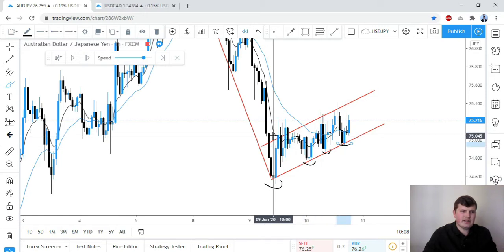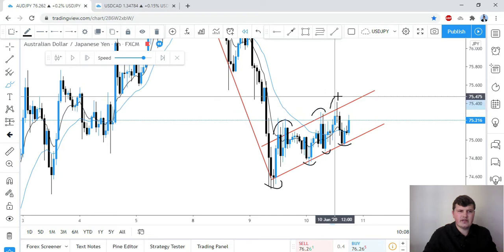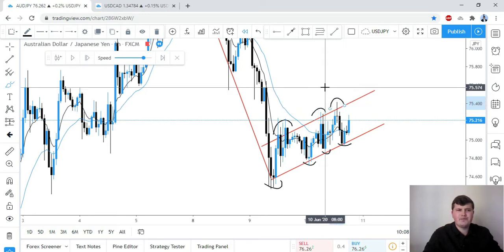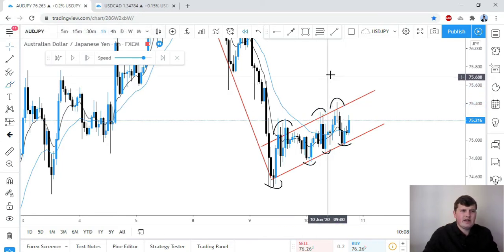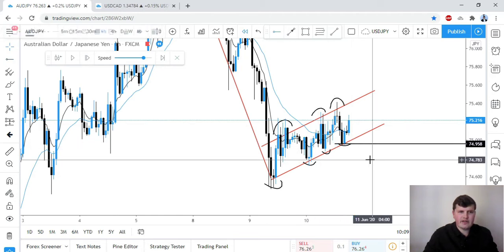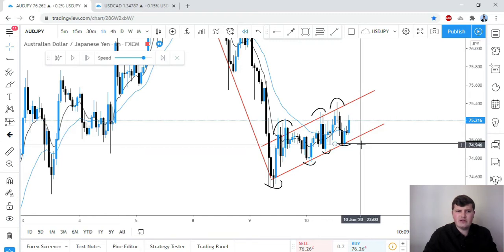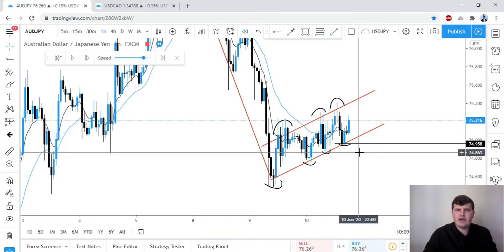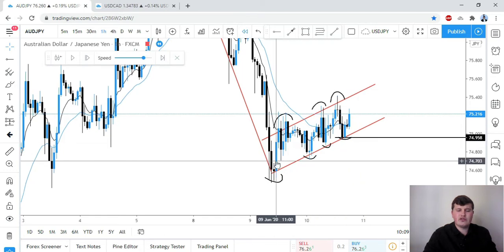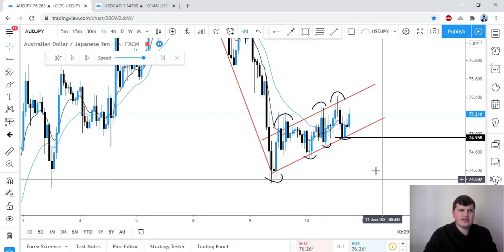On the flip side, this is a resistance, and resistance over there. So I'm just going to put a line at this support area over there. So when the candlestick closes below this support area, then that is your entry point to enter this trend continuation pattern to the lower side.